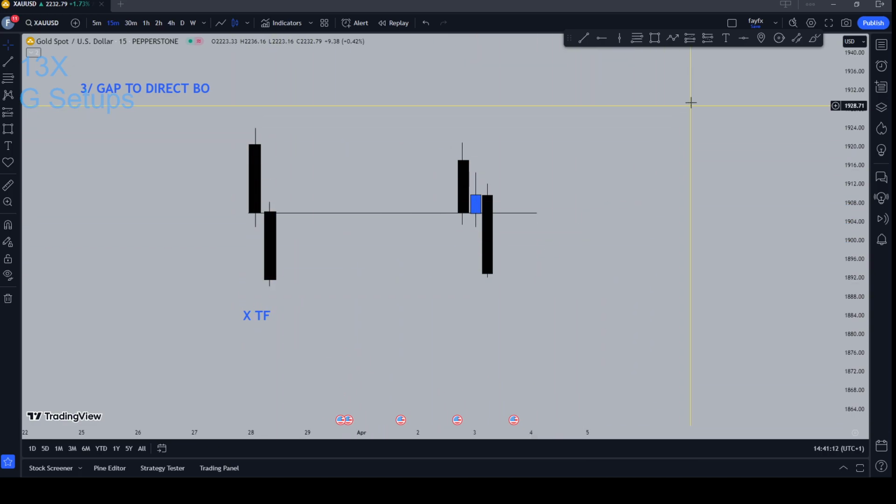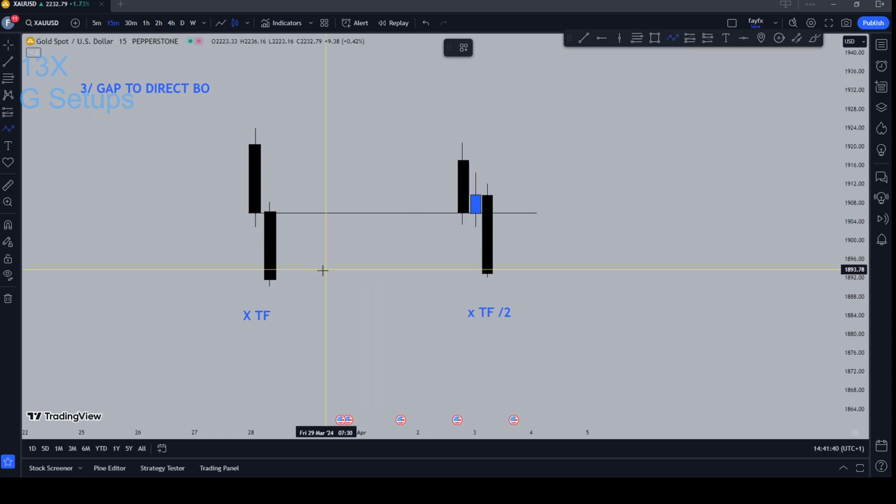Here is the bearish gap in X time frame, and when we go one time frame lower, we find a direct breakout. This is very, very strong, especially when the trend is aggressive, when there are big moves.